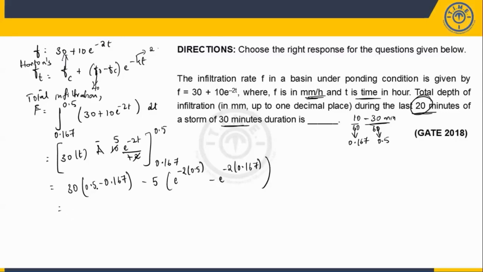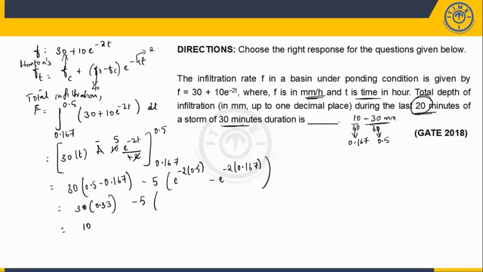First tell me this. 30 into 0.5 minus 0.167. That's 0.33. How much is it then? 30 into 0.33 is how much? 9.9. That's 10.